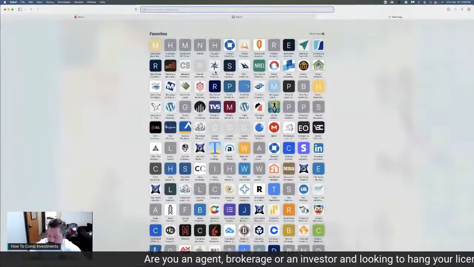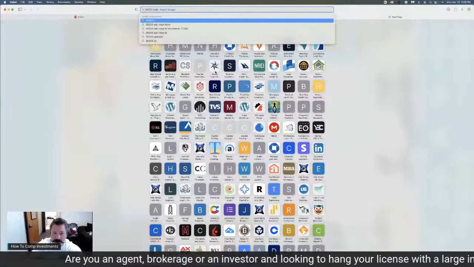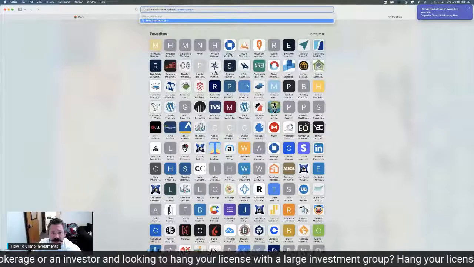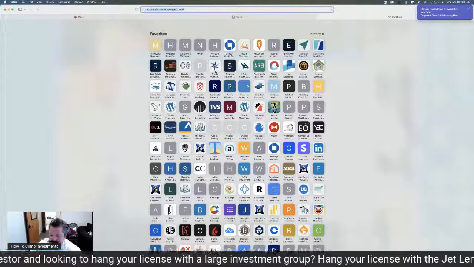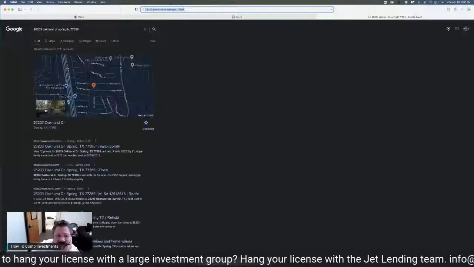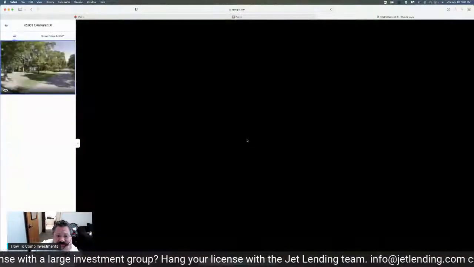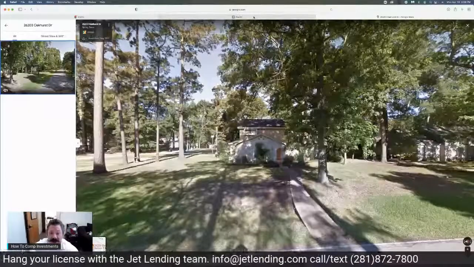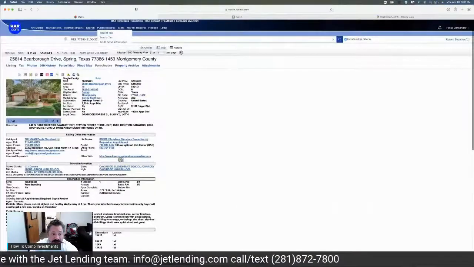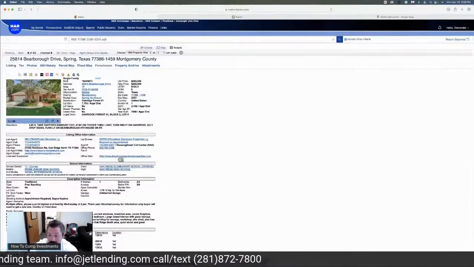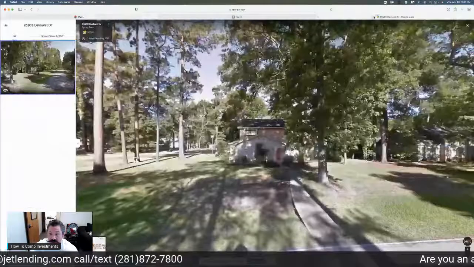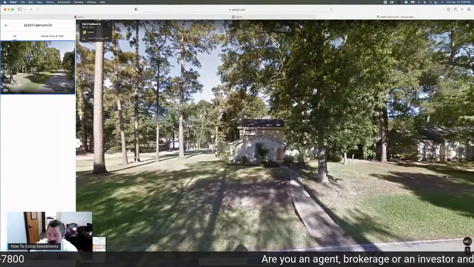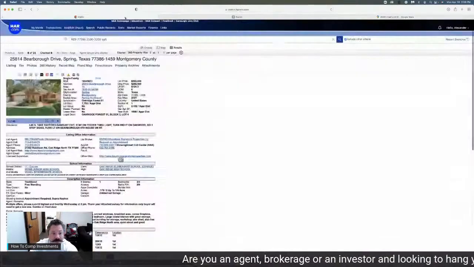So I'm going to take a Google Drive, 26203 Oakhurst Drive, Spring, Texas, 77386. It does not. Okay, so I know that this house is not comparable to that structure here. I'm not going to try to use that on the finishes when I'm looking at how to comp this property. Okay.